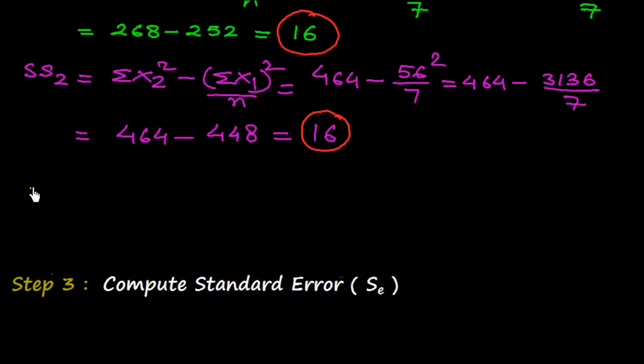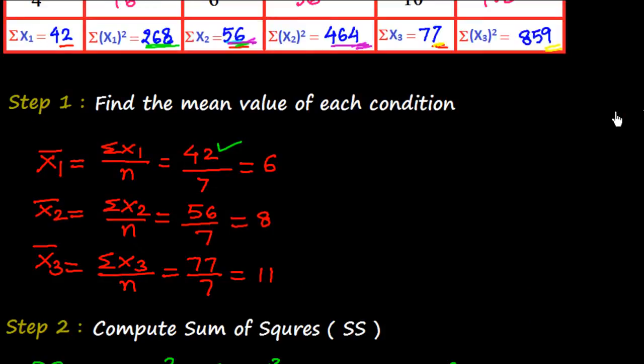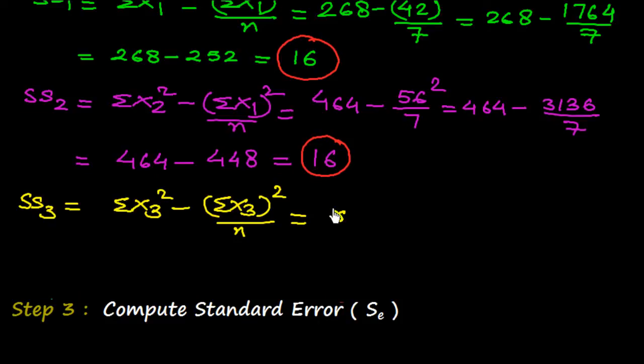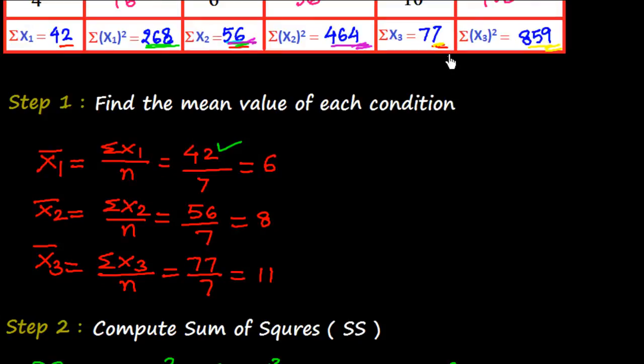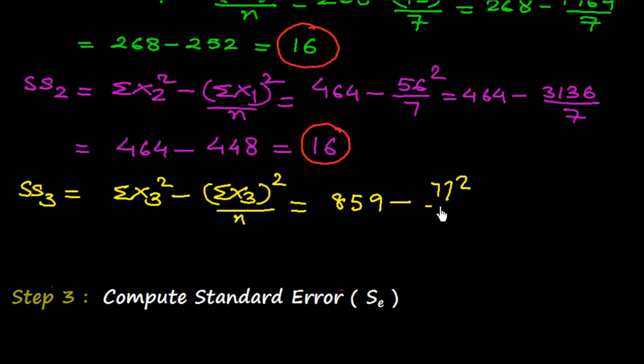Now we see SS3. SS3 is equal to summation of x3 square minus summation of x3 whole square over n. We write here the summation of x3 square is 859. So we write down here 859 minus summation of x3, which is 77. So we write down here 77 square over 7.